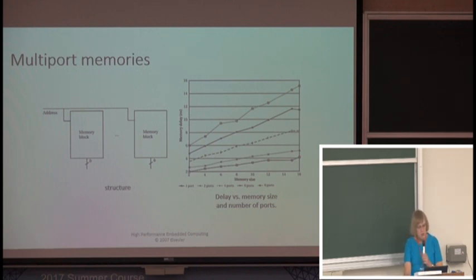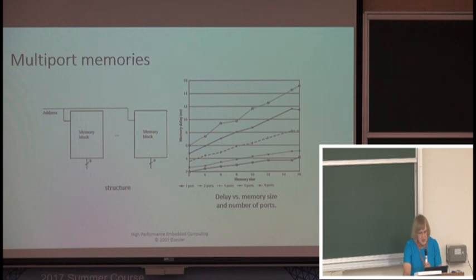We've seen that we get more parallelism by having multi-port memories. We saw that FPGAs have 2 ports. In fact, for SRAM, the delay is slightly more than linear in the number of ports. And the delay of the memory is also, as this plot shows, a function of the memory size.